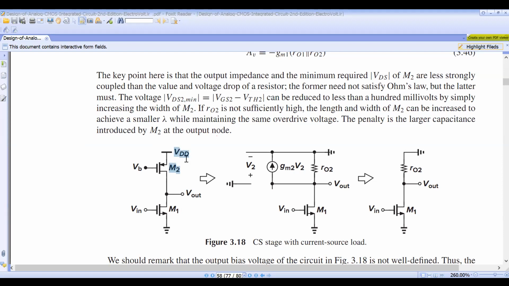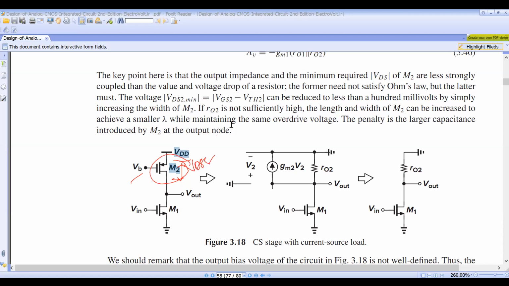For this element, what is the voltage drop whenever it is in saturation? Between the drain and source, there is a minimum voltage. That is the VDS saturation.